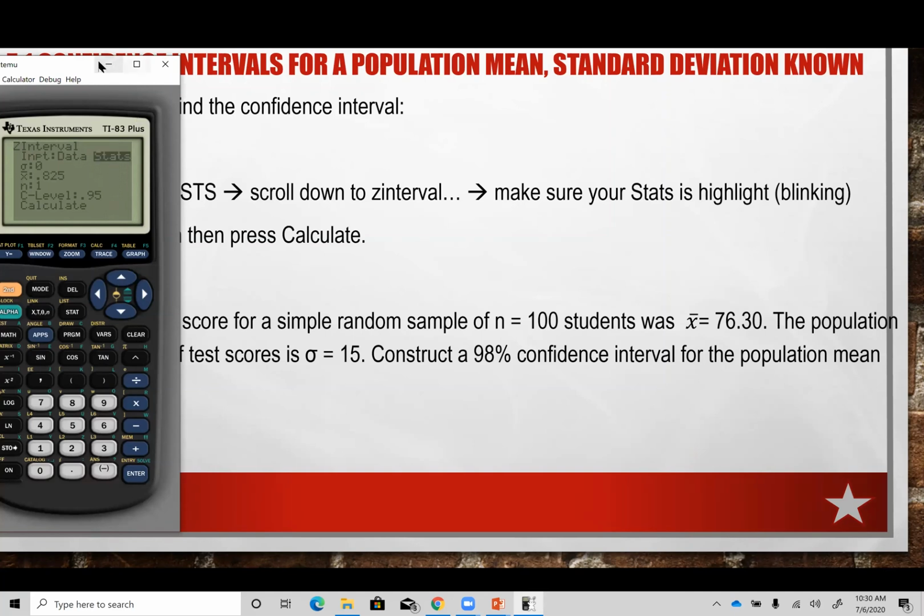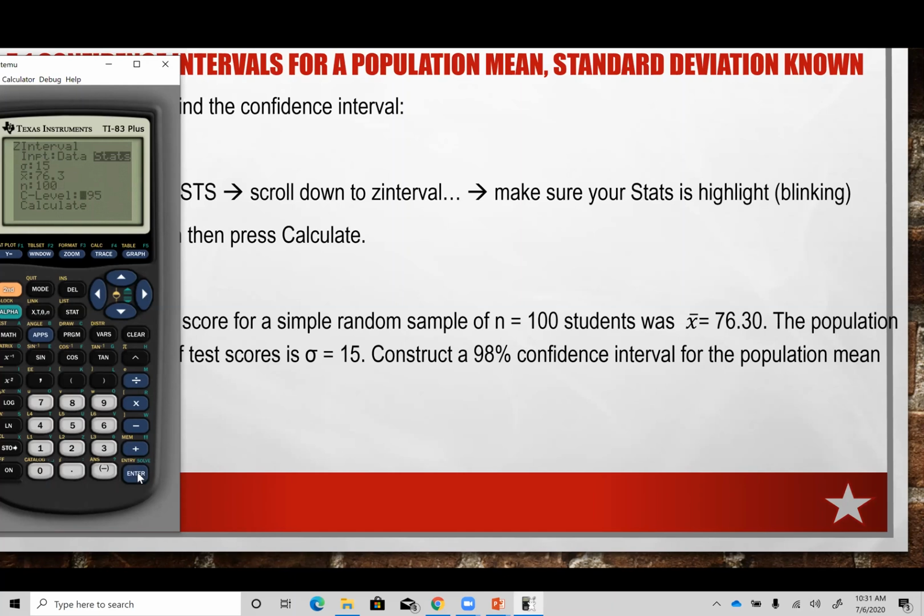And now everything else is just as is. So once you have that, what is my population standard deviation? In this case, everybody see that the population standard deviation is 15. What is my X bar? In this case, my X bar is 76.30. What is my N, how many items I have? In this case, I have 100.